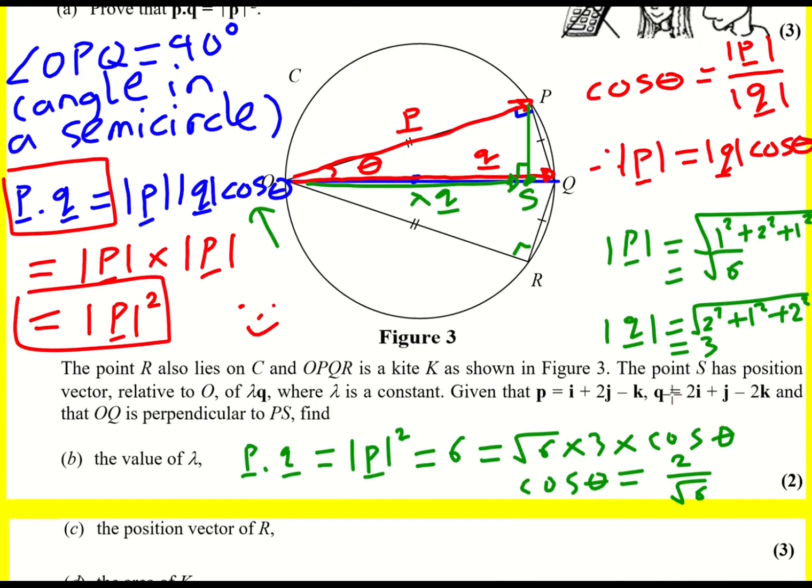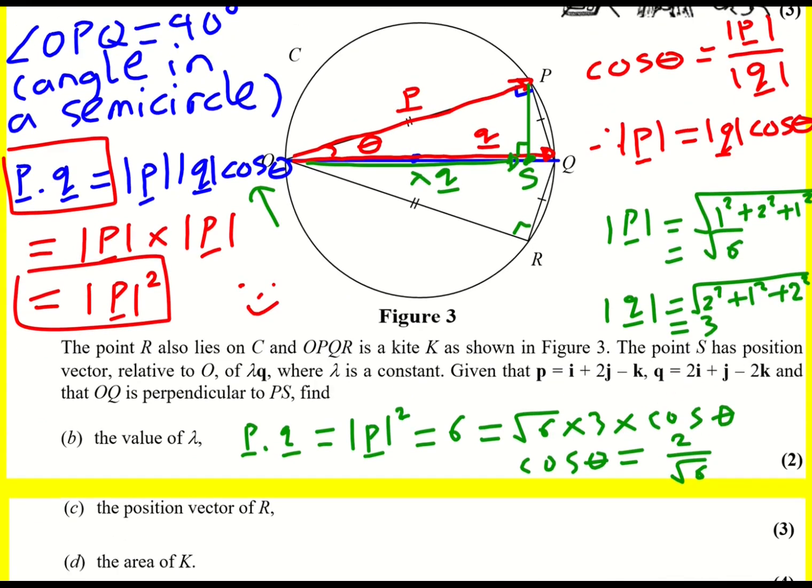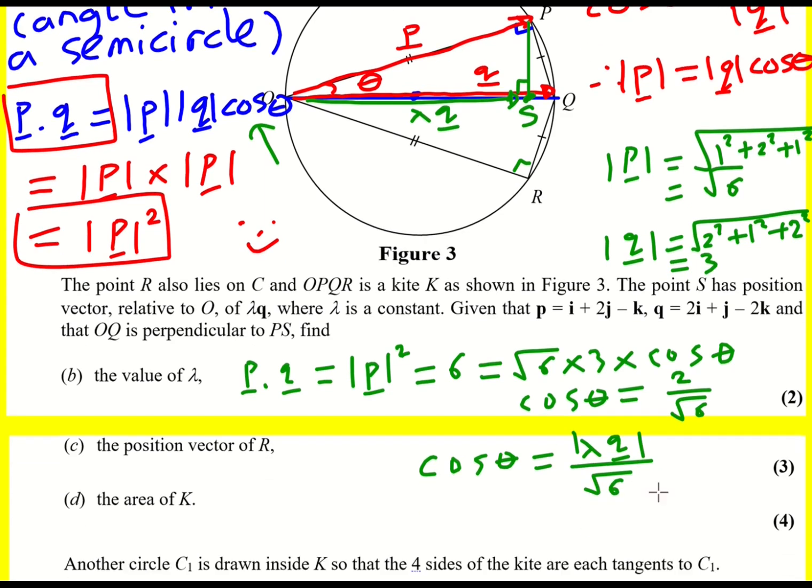And hence we can write down that cos theta is also going to be the magnitude of lambda Q over the magnitude of P, which is root 6, and that is going to equal 2 over root 6.